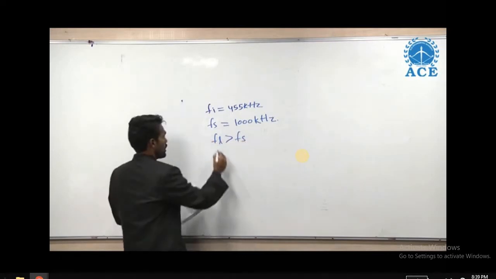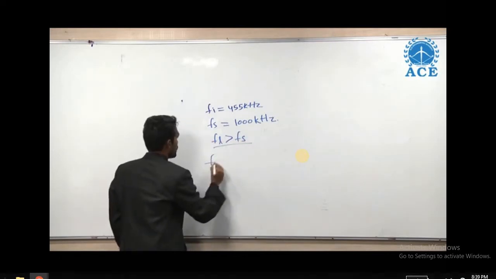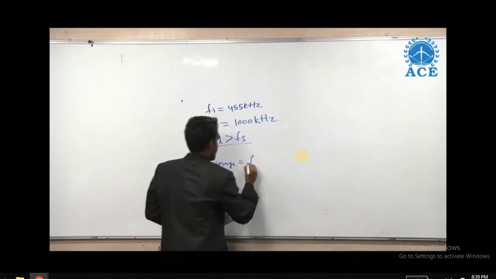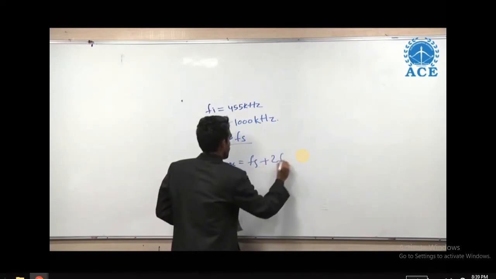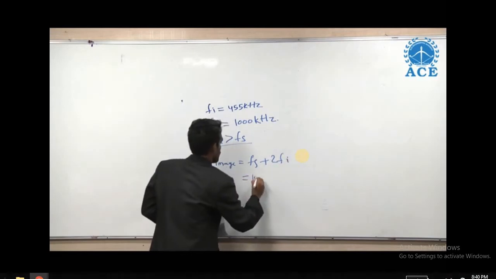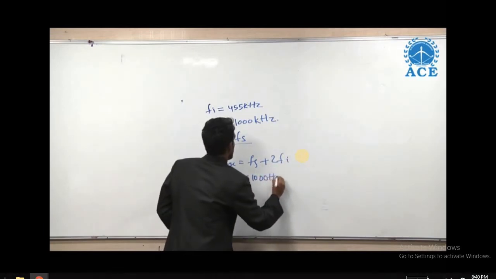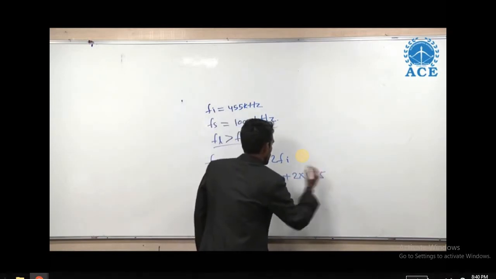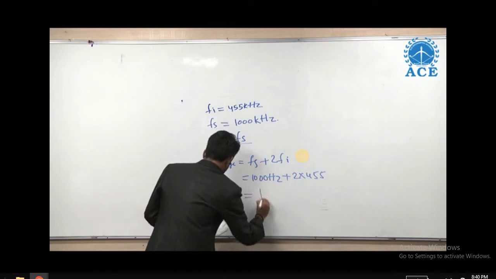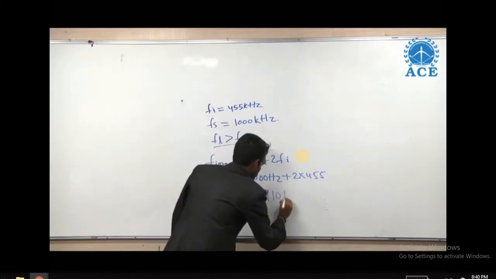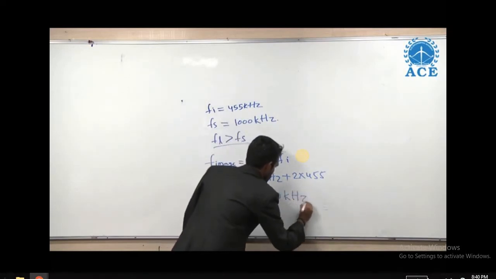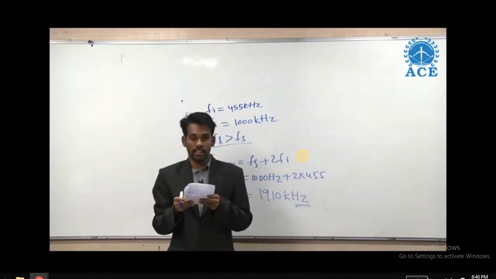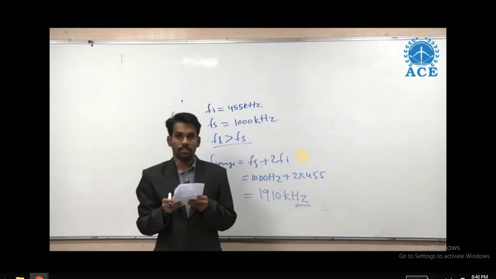So, in this case the image frequency is fs plus 2fi, that is 1000 kHz plus 2 into 455, that is 1910 kHz. So, from the given options, answer C is the correct one.